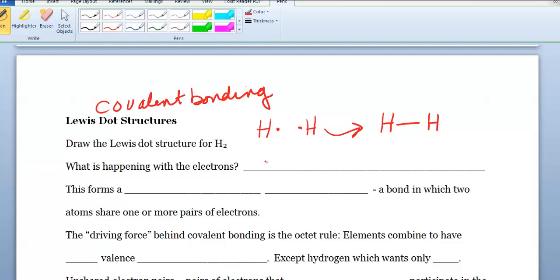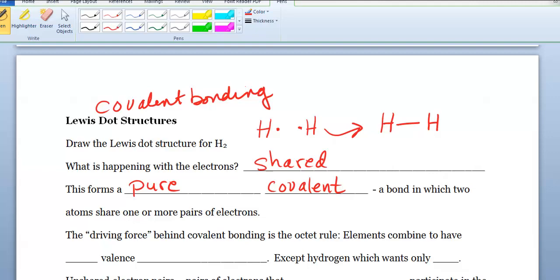So what's happening with the electrons? They are being shared. And this forms a pure covalent bond. And that's a bond in which two or more atoms share one or more pairs of electrons.